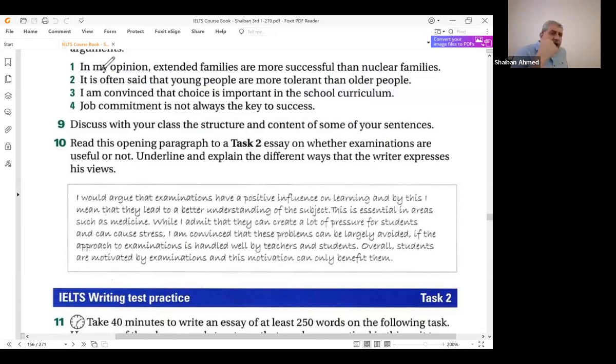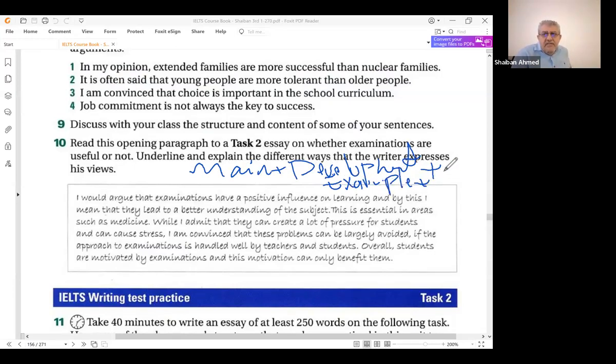Idea, main idea. Let us write it in here. Main plus development plus example, finally plus final position.